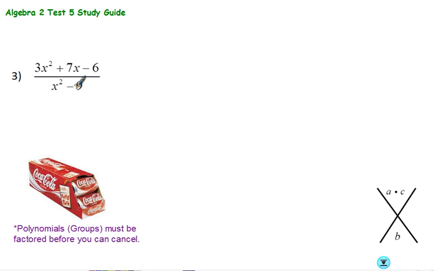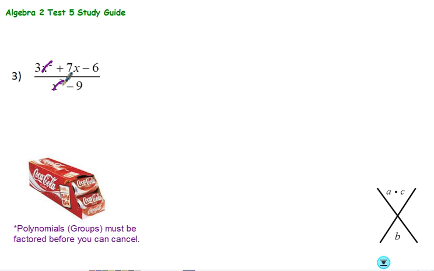Now you probably notice the note down there on the bottom. It says polynomials, which just means groups, must be factored before you can cancel. So what you can't do with this is say, oh, x squared and x squared, those things cancel. The reason you can't do that is that this is a part of a group.